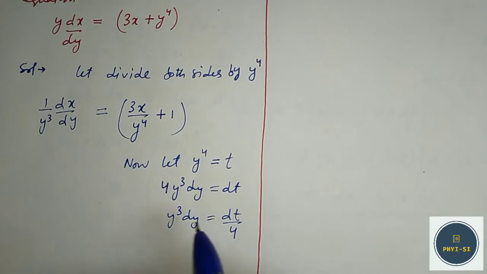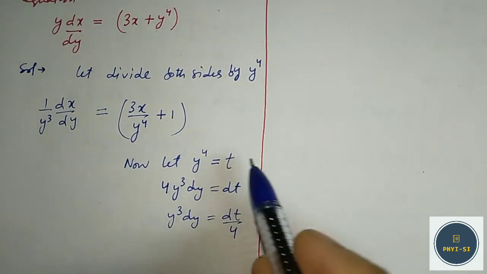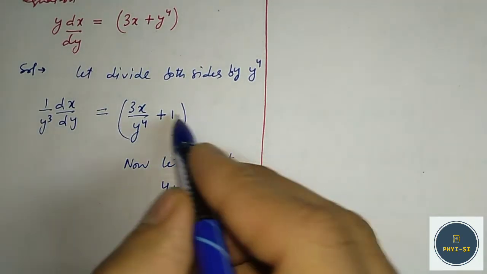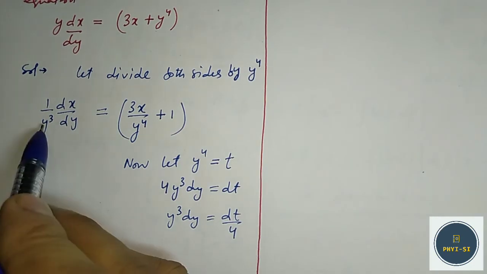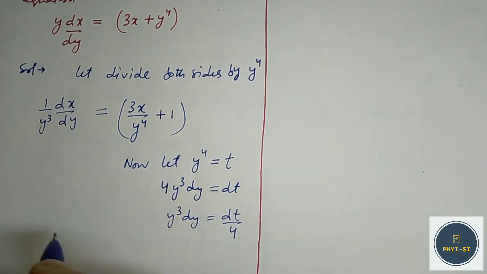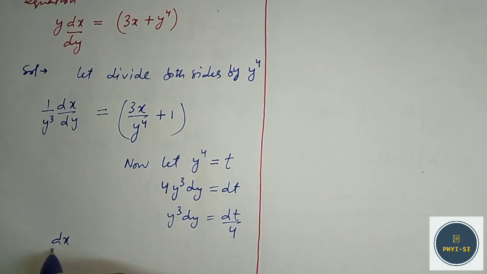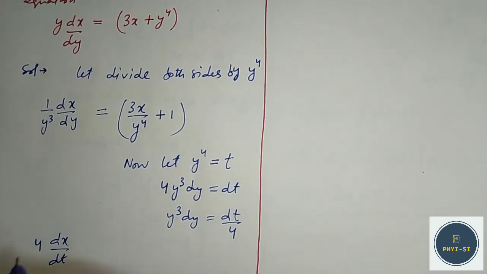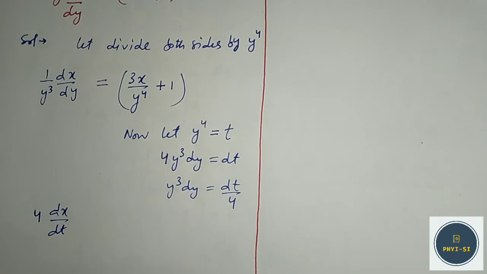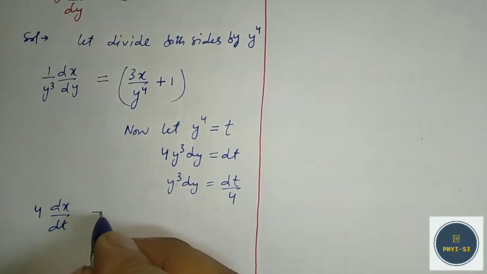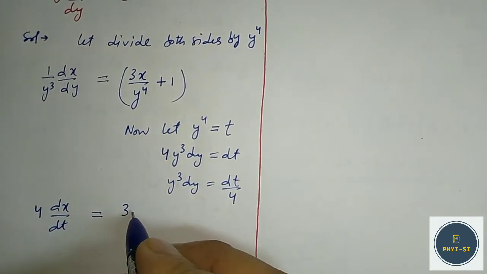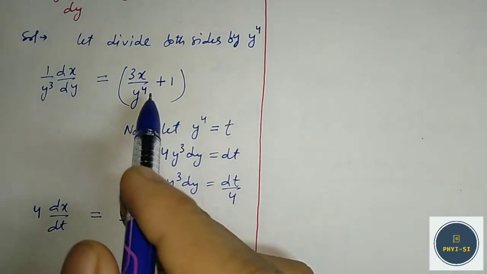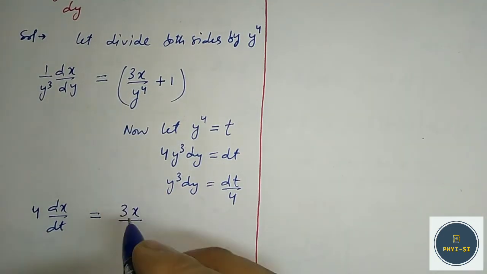Now let us substitute these values in this equation. So we'll get y cube dy, which is dt divided by 4 in the numerator, is equal to 3x, and then y raised to power 4 becomes t.